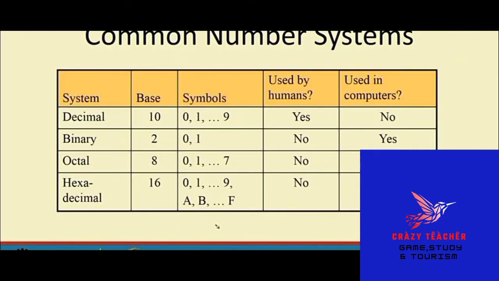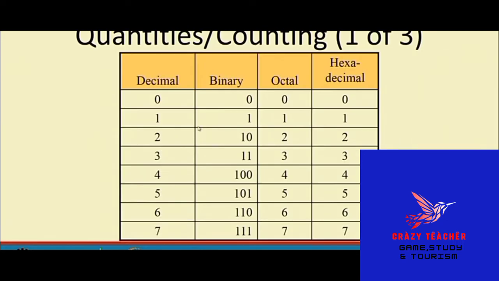In our discussion, we'll be concentrating mostly on these number systems and the decimal number system. If we say the quantity is 0, 1, 2, 3, 7, then 0 in binary will be represented as 0, in octal also 0, hexadecimal also 0. 1 will also be represented the same, but from 2 onwards there will be a problem, because 2 cannot be represented by the symbols of the binary number system.